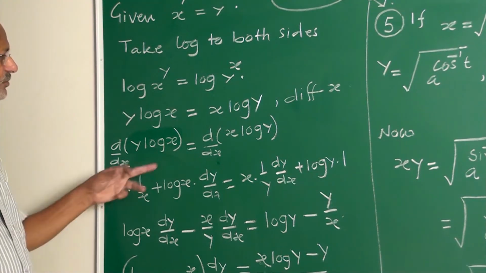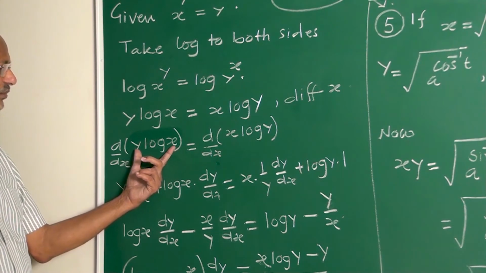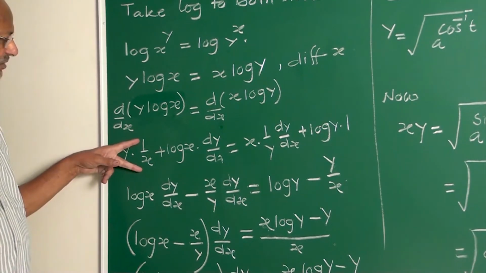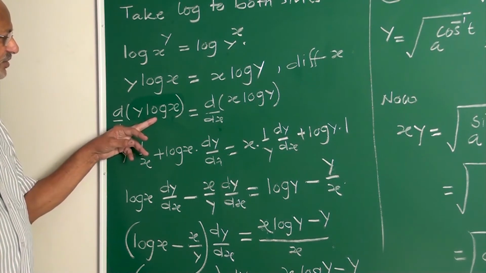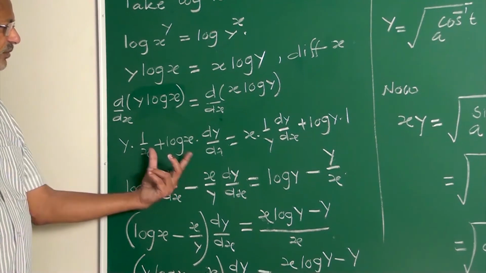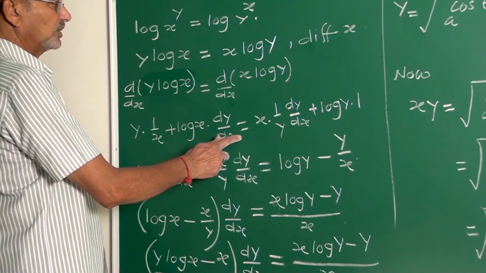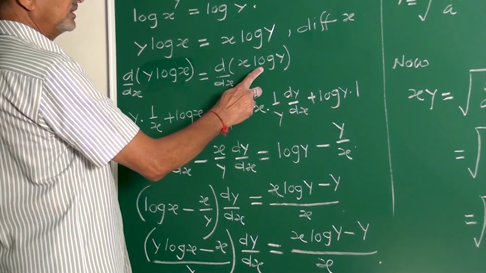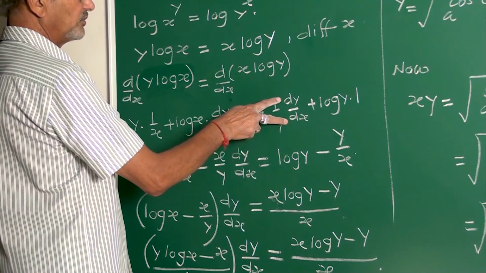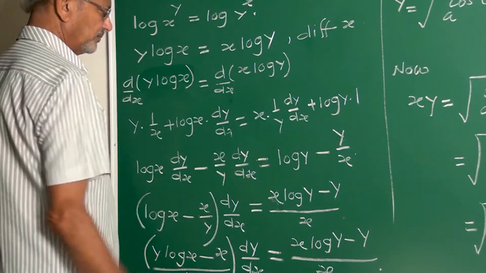For LHS, use the product formula: first into derivative of second, log x into 1 by x plus log x into derivative of y, dy by dx. Now for the RHS: x into derivative of log y with respect to y into dy by dx, plus log y into derivative of x, which is 1.